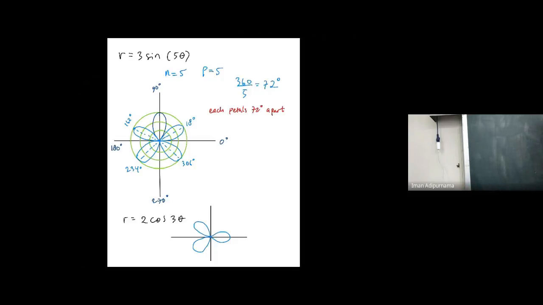If it is odd, one petal should be at least on this axis, for example this one, this cosine. For sine, it will be this side or this side, depending. If this is positive, then this side. And for cosine, this side.